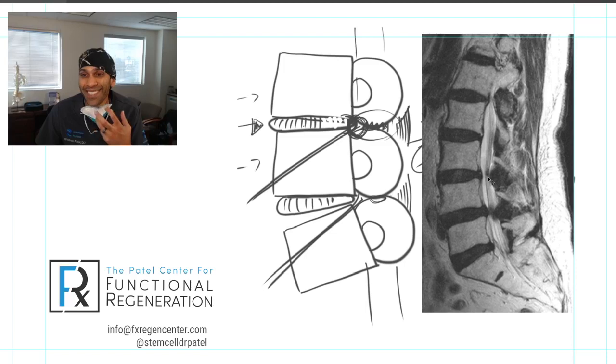When there's a significant amount of narrowing and there's nerve injury taking place, particularly if it's in the neck or upper back where the spinal cord is, and there's a risk of something like paralysis, that's the circumstance where surgery is absolutely necessary. But in all other circumstances, when we're not dealing with nerve damage, then we can often try to avoid surgery with physical therapy, the proper nutrition, as well as injection treatments.